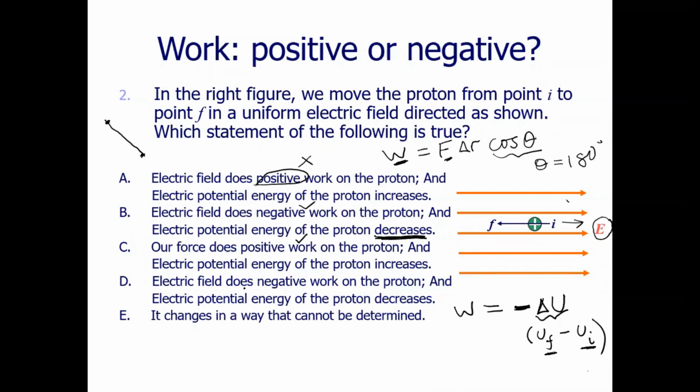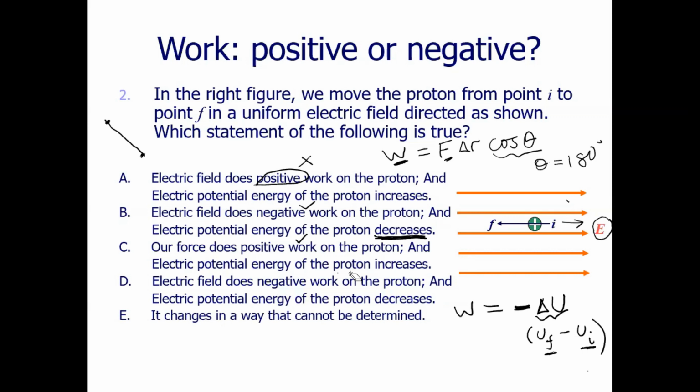Electric field does negative work on the proton. So this is correct because it's negative. And then the electric potential of the... okay, so what is the difference between B and E?